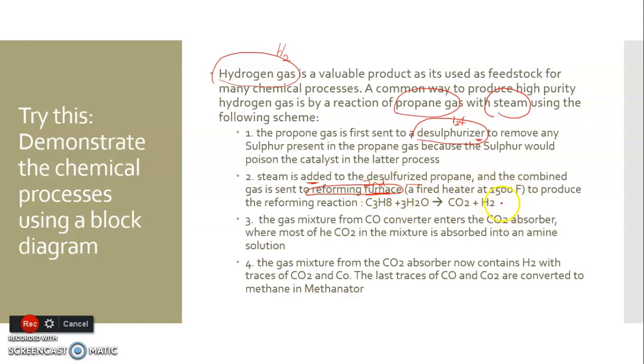The chemical reaction given is propane plus steam, H2O, produce CO2 and H2. CO2, you know that this is a byproduct, or we call it unwanted product. What we want is this one. Can you see? Can you imagine? So basically there are two streams from one device or one block.